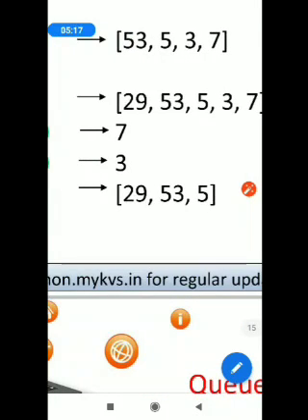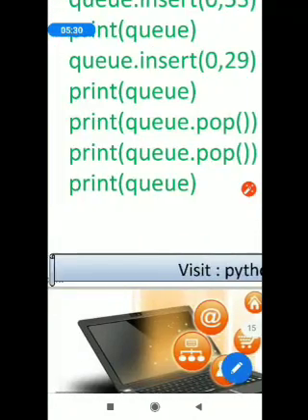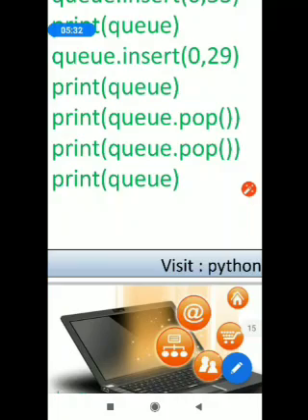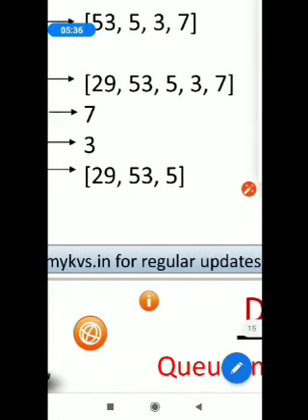It is not popping out the 29 data, because we all know that for deletion the front portion of the Q will be considered. Similarly, once more I have called the pop method, and this will give you the value 3.